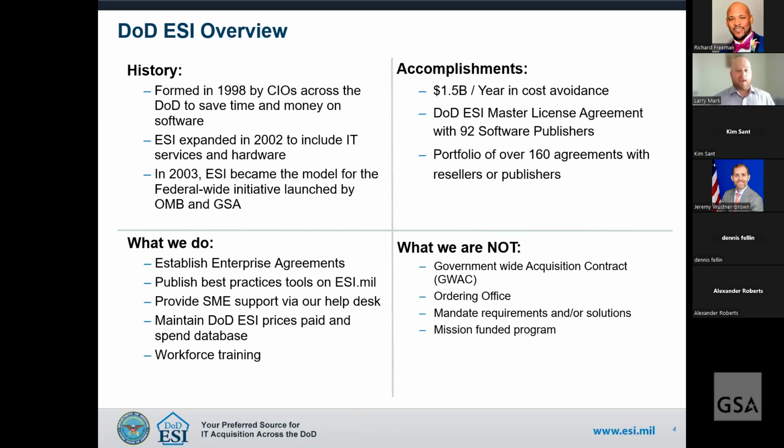We also don't mandate requirements or solutions. We just provide the vehicles for you to utilize. And then we are also not a mission funded program. So we are reimbursable through an ESI fee that I'll go over here in a little bit. So very much similar to NASA SEWP and GSA on a reimbursable program.